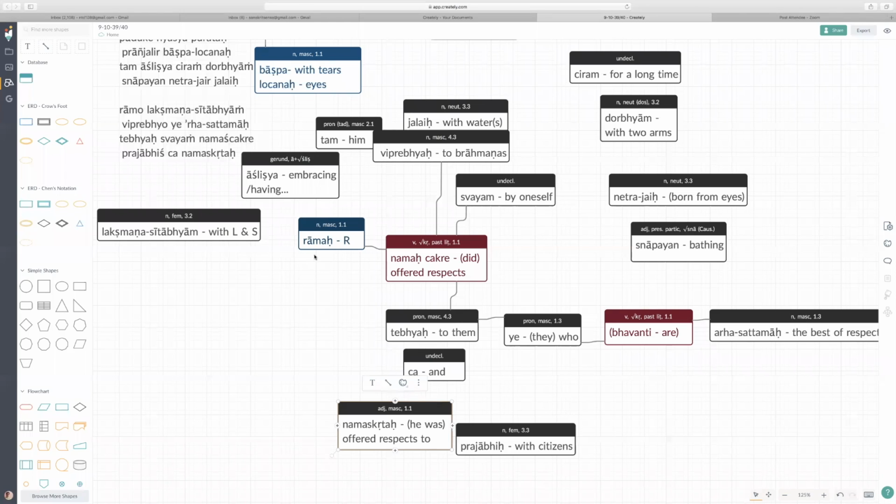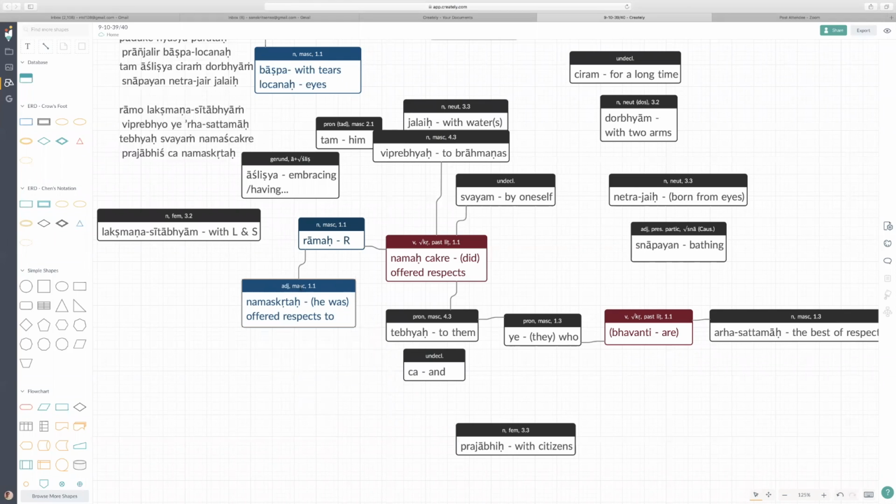Well, to Rama. It's a description. So he was offered respects to prajabhish. Well, this is the third case, and this is where we need to change the meaning. Okay, it's not with citizens, it's by citizens. So by citizens.